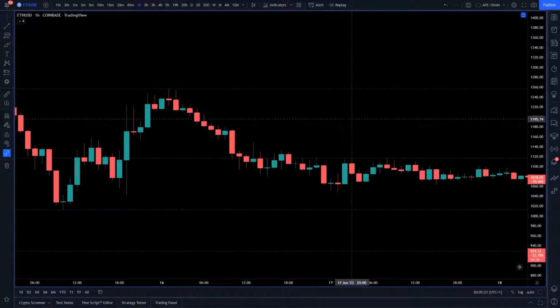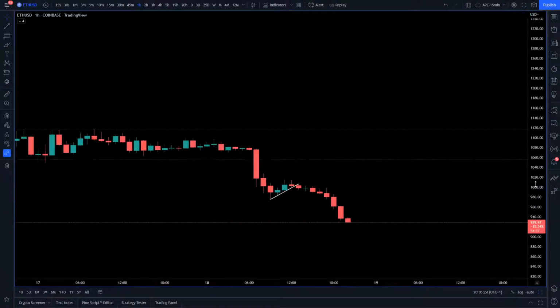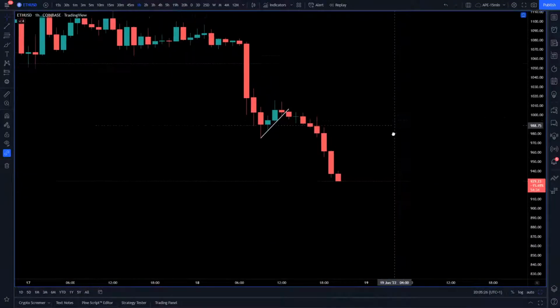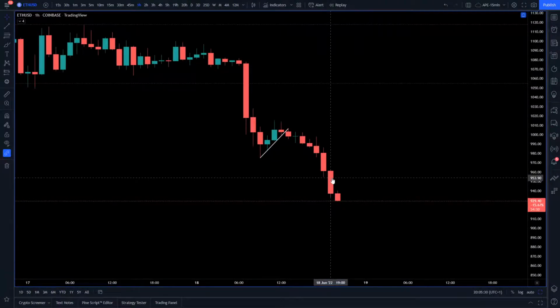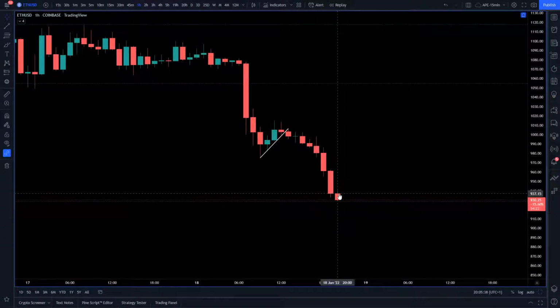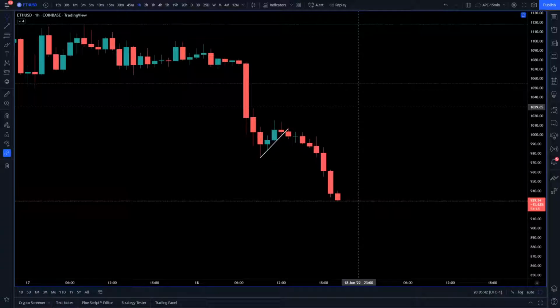So what are candlesticks? Candlesticks are basically this thing, this stick, and one stick here on the 1 hour time frame represents a time period of 1 hour.